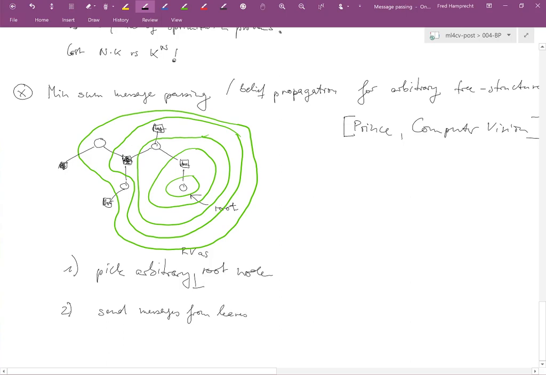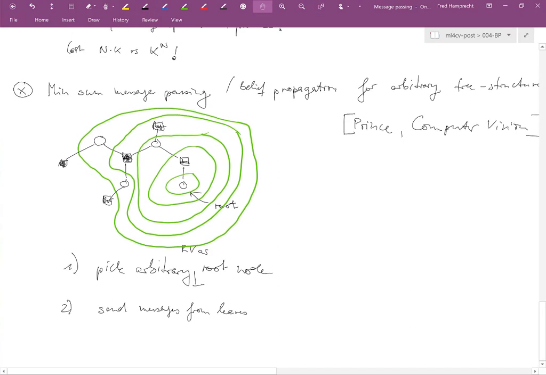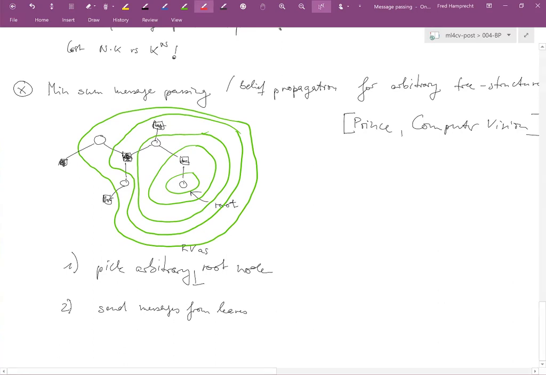So leaves are local maxima of distance, if you like. So the leaves in this case, if I give them a blue color, this would be a leaf. This would be a leaf. Actually, let me delete this one here. This would be a leaf. This one would be a leaf. Okay.